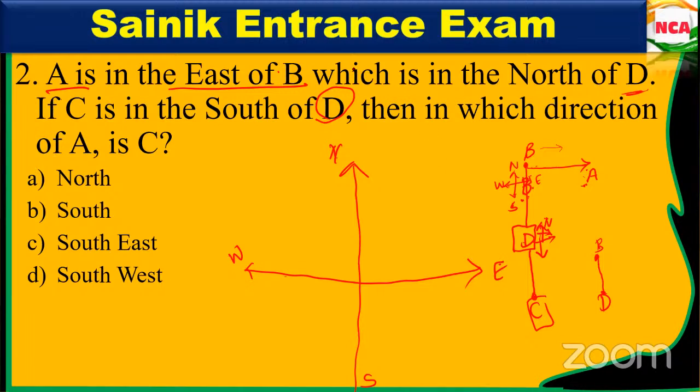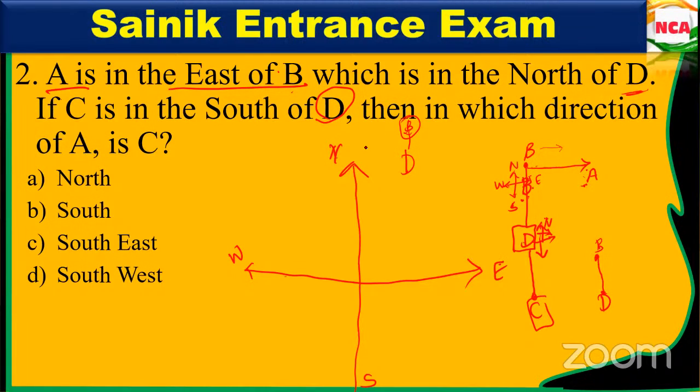Next, what they are saying, which is in the north of D. So they are saying B is in the north of D. Now we can write D downwards and B upwards, B at the top, to make it that B is in the north of D, right?